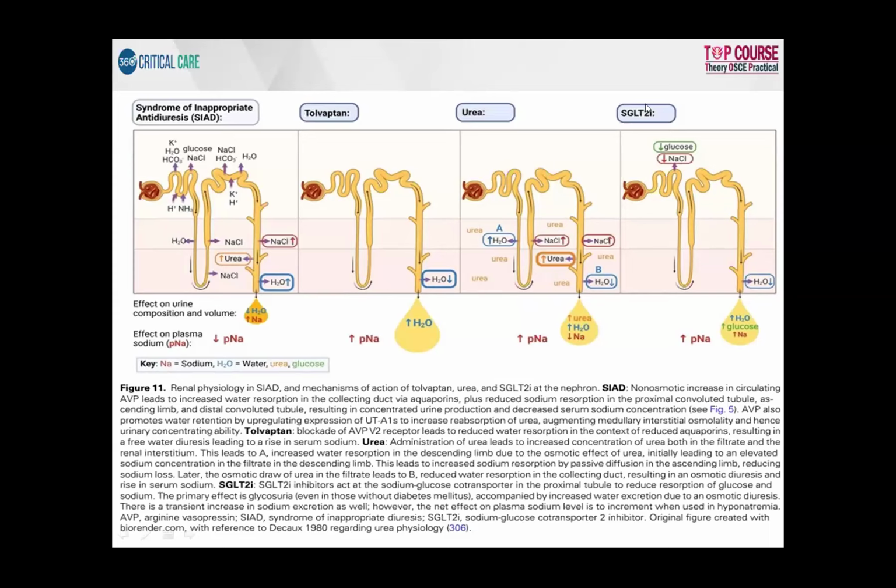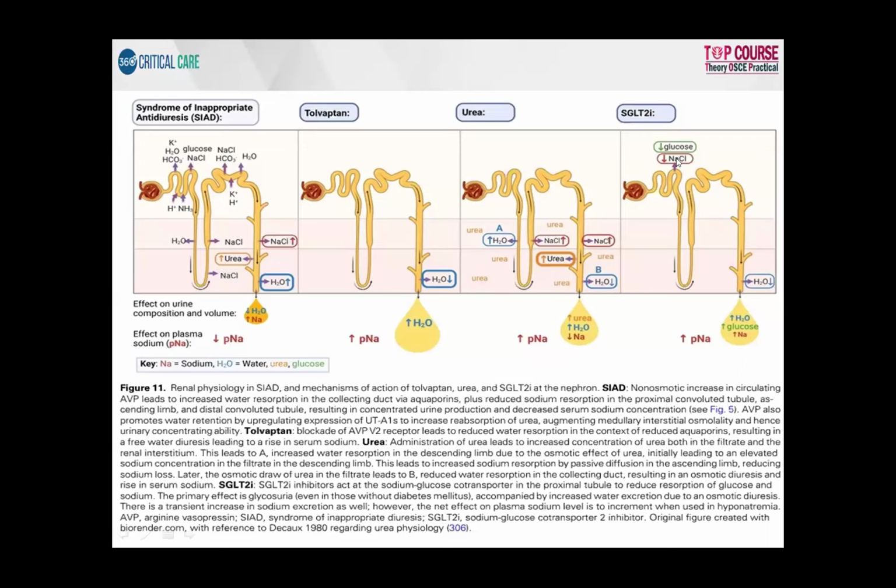And the important one, the recent one which we are using, is the SGLT2 inhibitors. So what are these SGLT2 inhibitors? Where do they act? They act in the PCT of the nephron. They basically act at the sodium glucose co-transporter, and they inhibit it. So first, important thing, it leads to glycosuria.